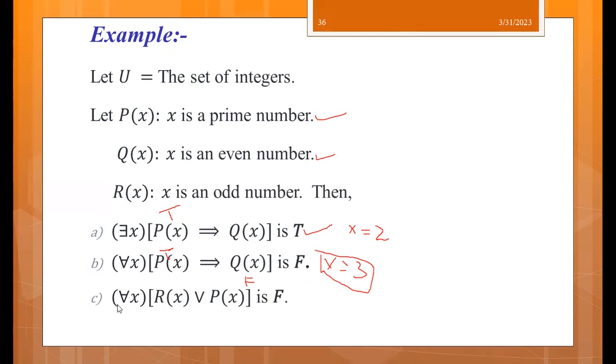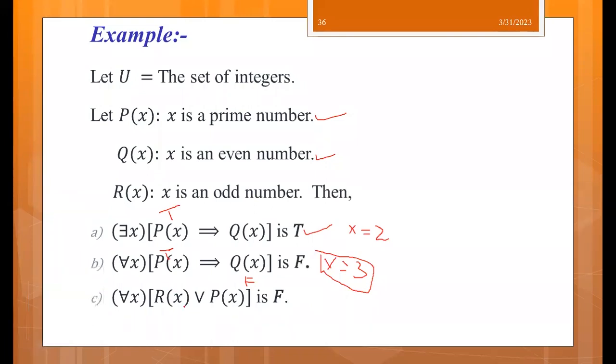But in order for this quantified proposition to be false, the only necessary condition is that we need to find at least one integer within this universal set that can make r of x or p of x false. That means both r of x and p of x must be false. So we need to have a counterexample again here.